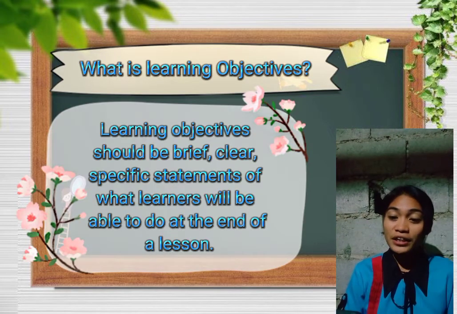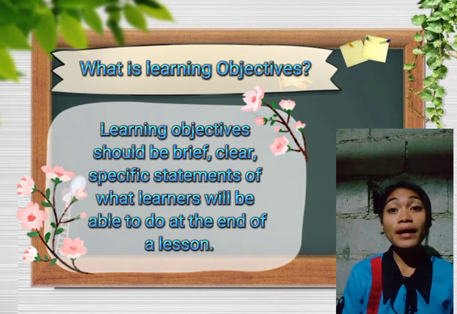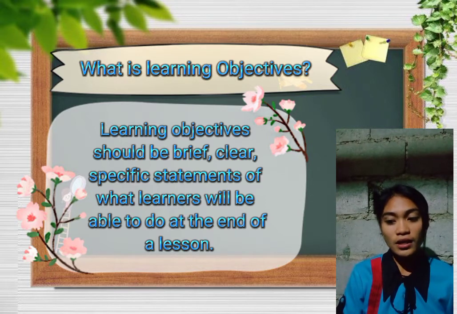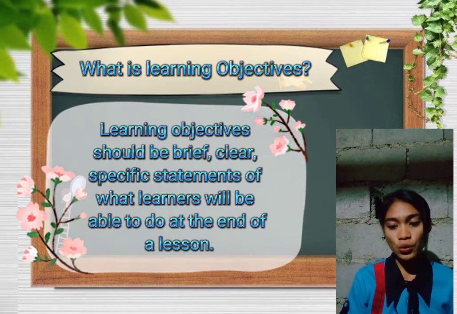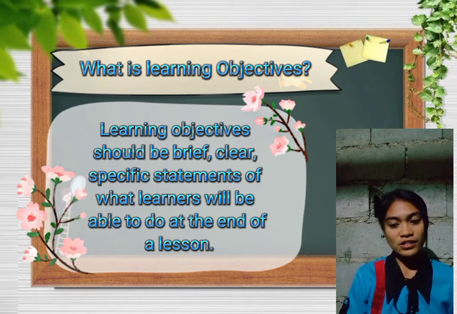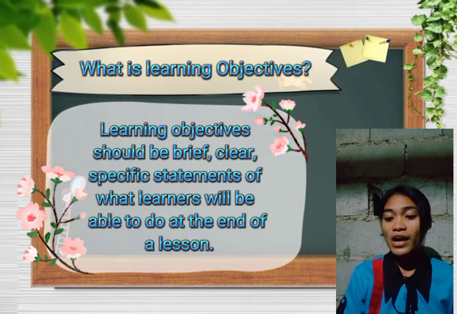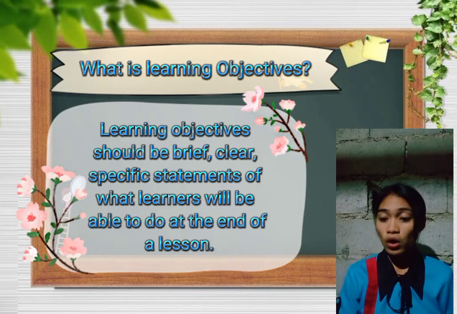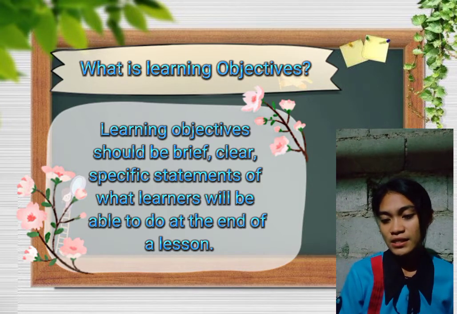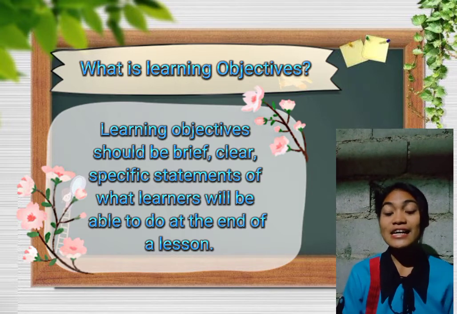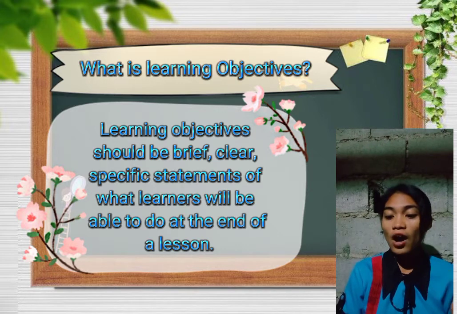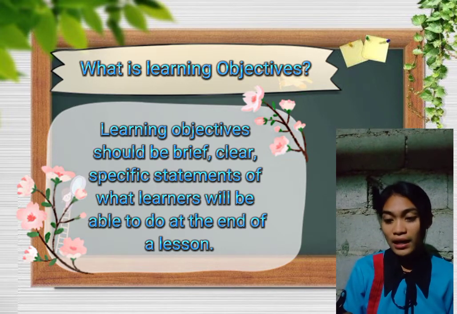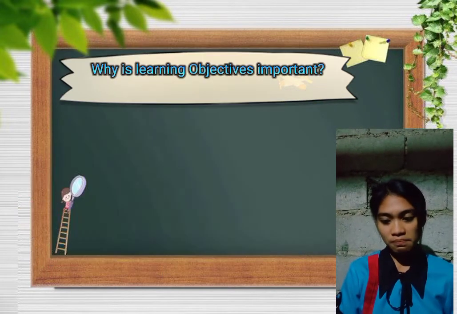Learning objectives should be brief, clear, specific statements of what learners will be able to do at the end of the lesson. They are the result of the activities, teaching and learning that have taken place. These are also sometimes called learning outcomes.